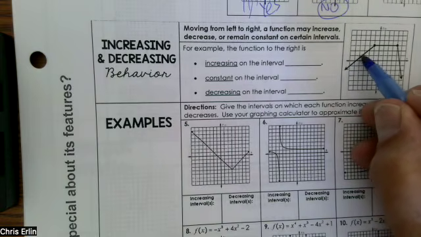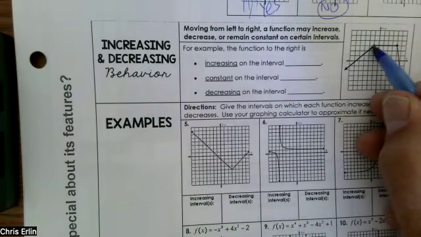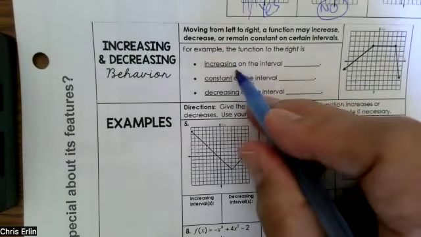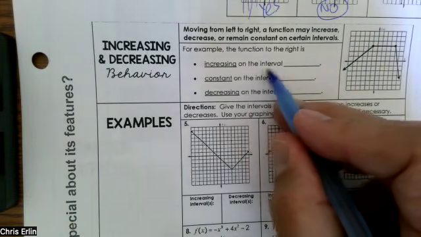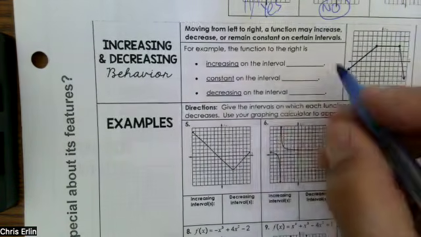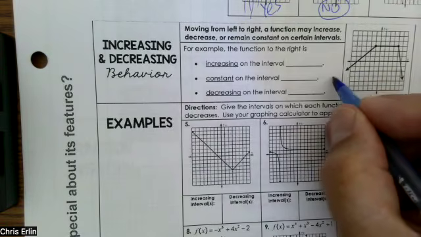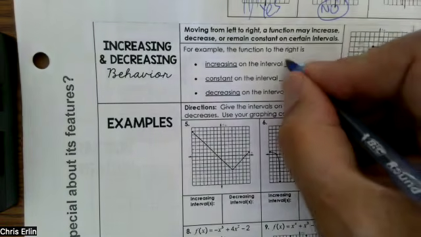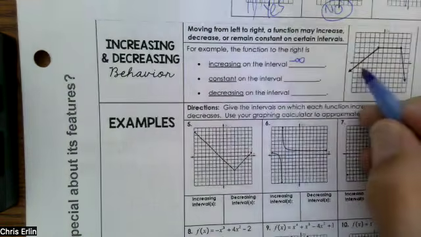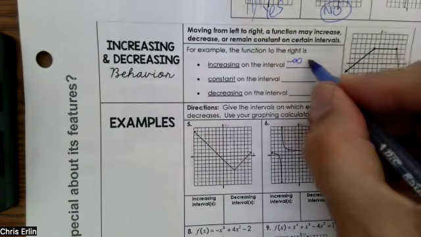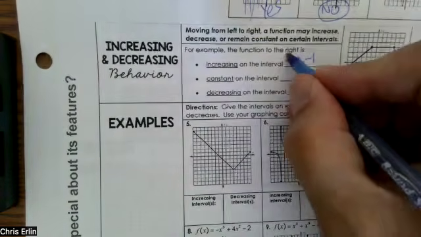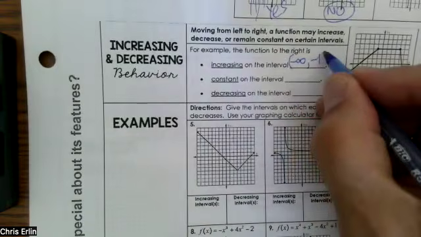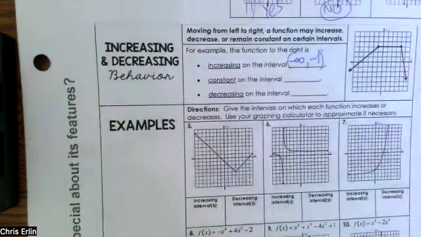This is an increasing region of the graph. Therefore, I want to express that as increasing on the interval using interval notation. So here I'm looking at the arrow. So -infinity is my furthest left. It stops at -1. And I'm going to say it increases on the interval from that -infinity to that -1.